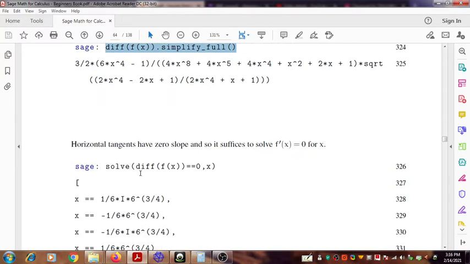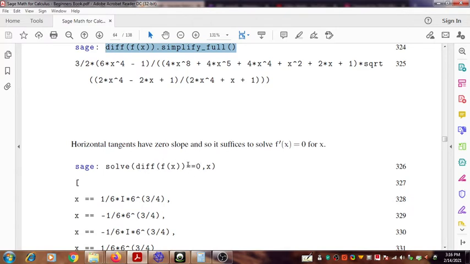So this is the next step. You can see that we take the derivative of f(x) and then it is equal to 0.